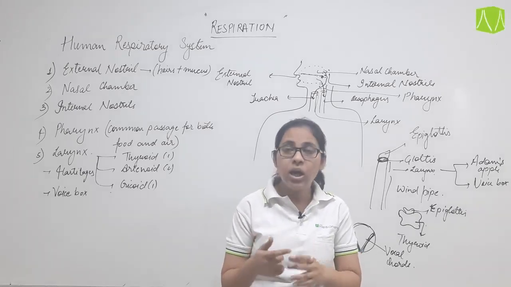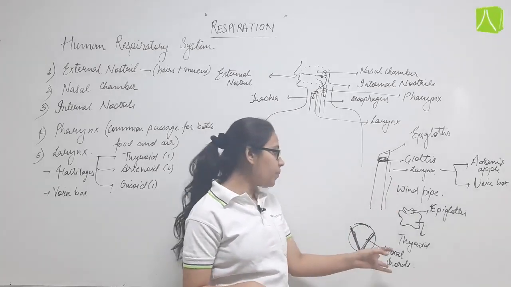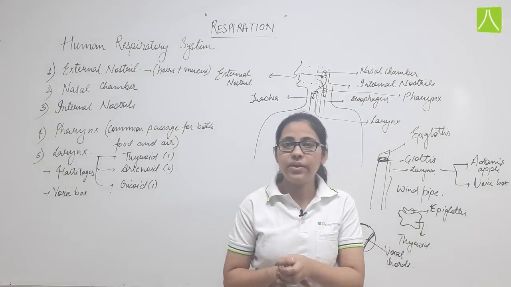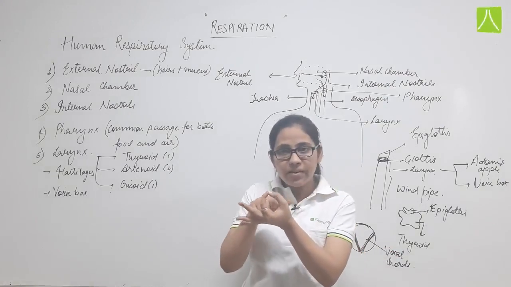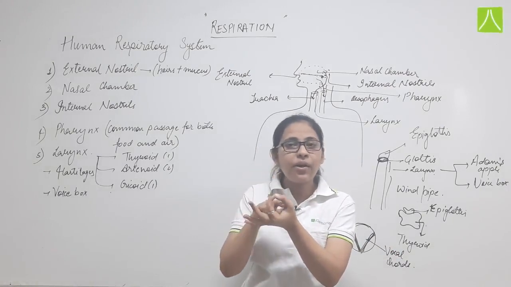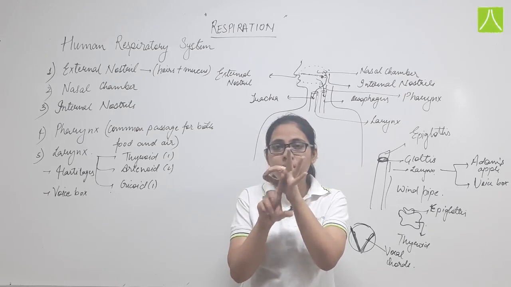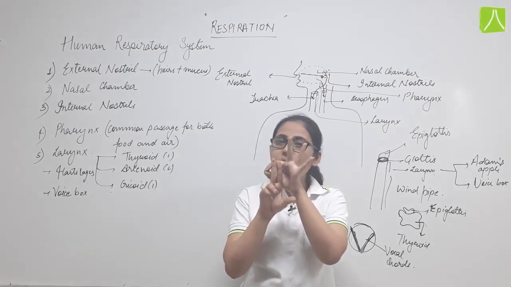I am repeating. The larynx has vocal cords in it. What are vocal cords? These are bundles of muscles. The larynx is like a tube, the anterior part of the windpipe, with two bundles of vocal cords that remain in this condition normally.